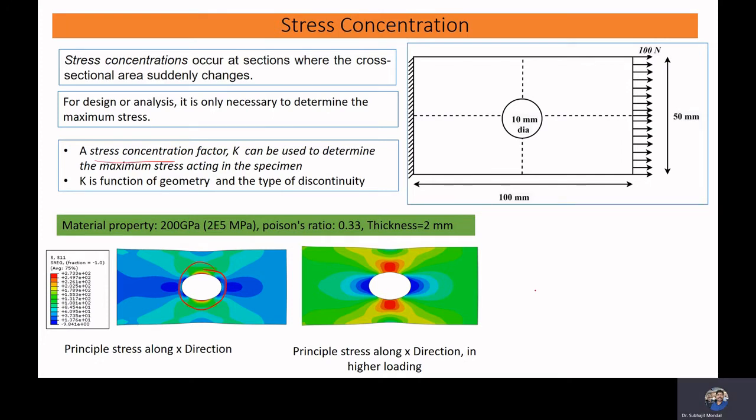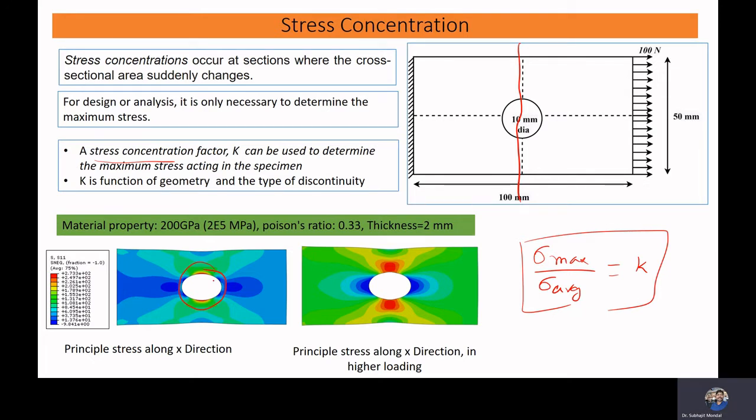What is the stress concentration factor? It is the maximum stress divided by the average stress, the average stress occurring in this zone. That is known as the stress concentration factor K. So what we are doing here is simplifying our analysis procedure.